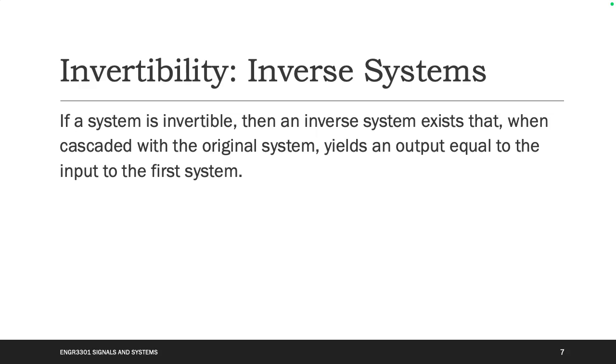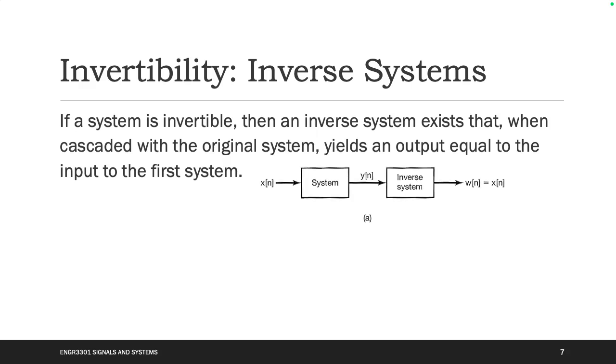Let's try to understand what this means. You have a system, and after the system you have an output. Then after an inverse system, you get the original input, which means this system is invertible. We call it an inverse system. Does this make sense to you?